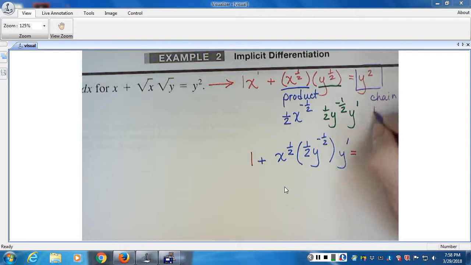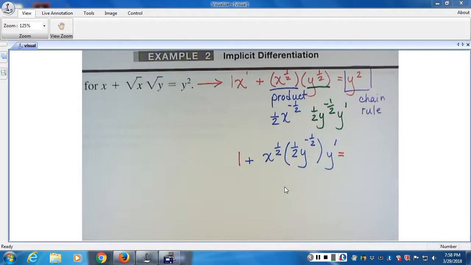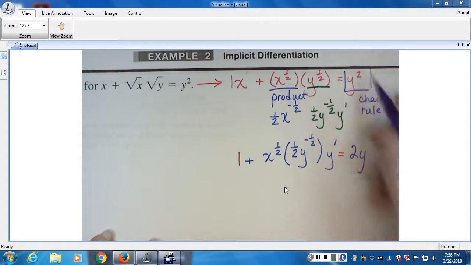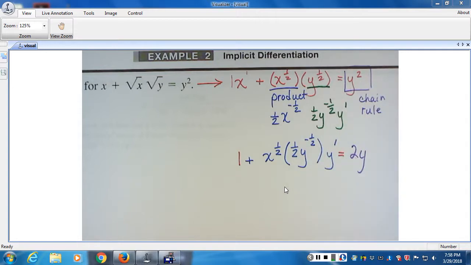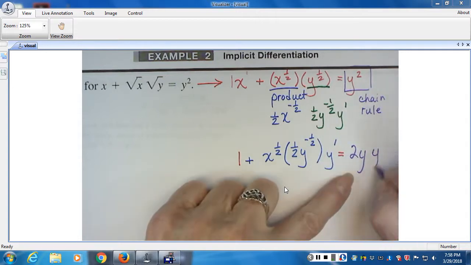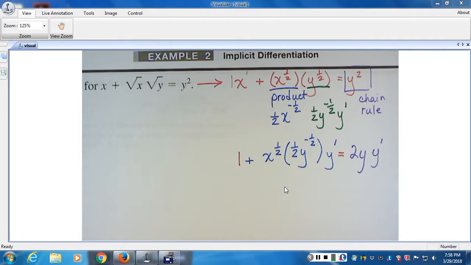That's going to be chain rule, because there's a power. So you bring the 2 down in front, times the y, and then 2 minus 1 is 1. And then the derivative of y is y prime.